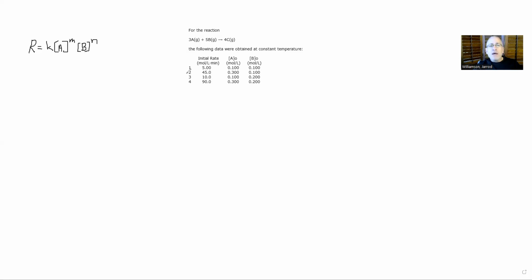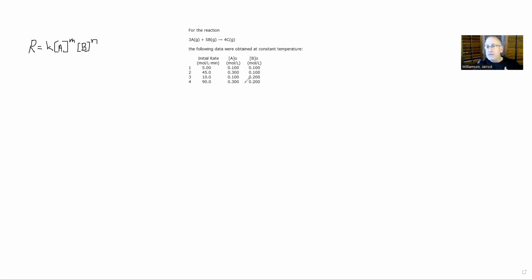The chemist then does a second experiment where it keeps the concentration of B constant but varies A to be 0.3 molarity, mixes it with 0.1 molarity B, and gets this result. And then varies experiment 3 and experiment 4.